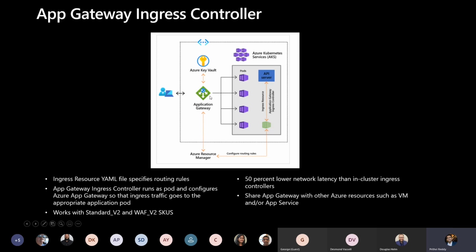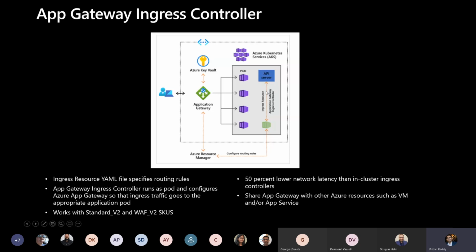Up until now, you're probably familiar with the ingress controller being an Azure load balancer within Kubernetes. Whereas now with the App Gateway Ingress Controller, the ingress resource is defined as a YAML file. There's an ingress resource, that's what this represents right here. It's deployed with a YAML file within your Kubernetes cluster.